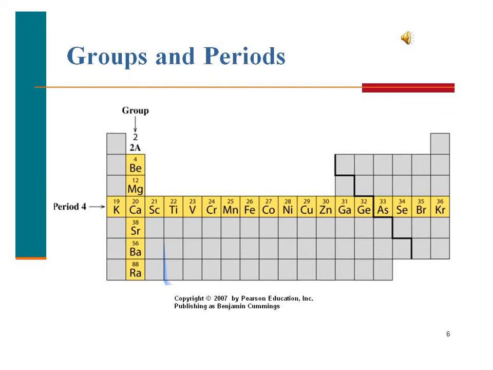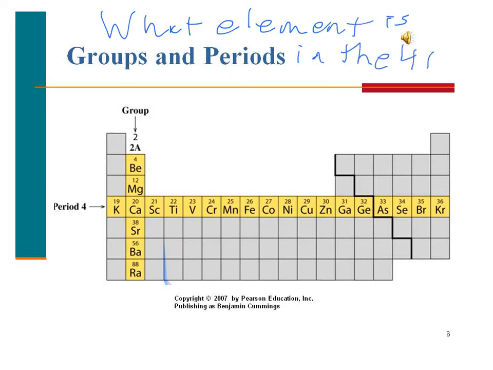This numbering system of periods and groups allows us to do a couple things. First, it lets us talk about the periods or groups as a set easily. But it also lets us talk about a single element in terms of playing Battleship. For example, I could ask you, what element is in the 4th period, group 2.